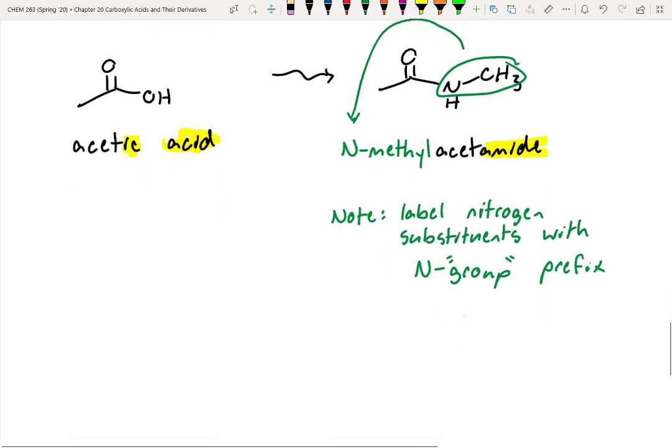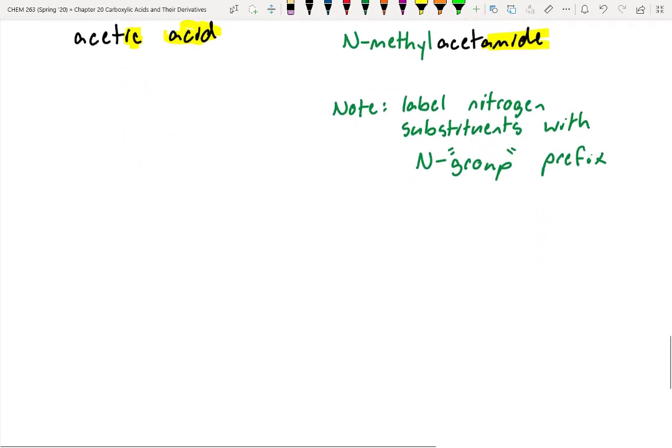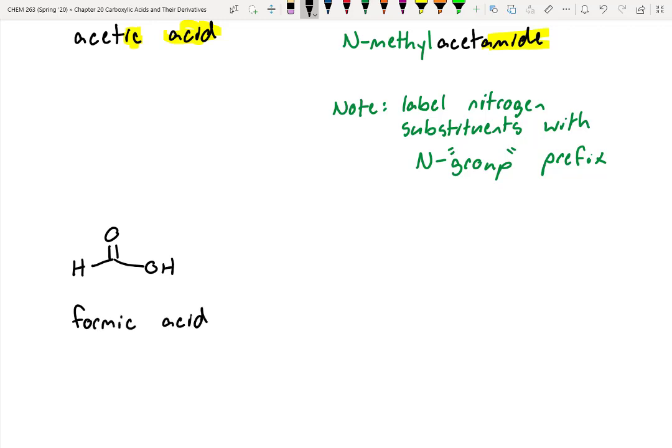All right, let's do one last one. This last one's a bit more challenging. I'm going to use a different acid this time. And if you remember, this is called formic acid. Formic acid is kind of half aldehyde, half acid, but because carboxylic acids have a higher priority for naming, that's what gets the substituent, or the suffix label here.